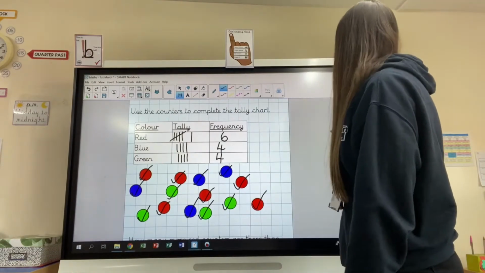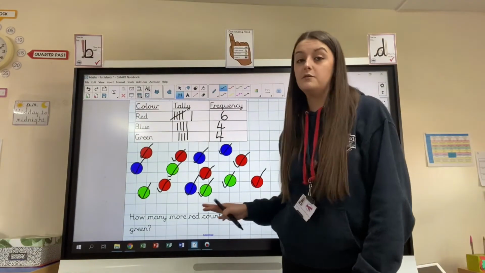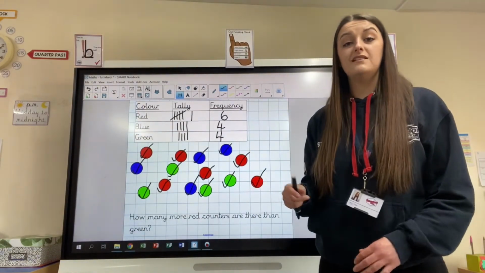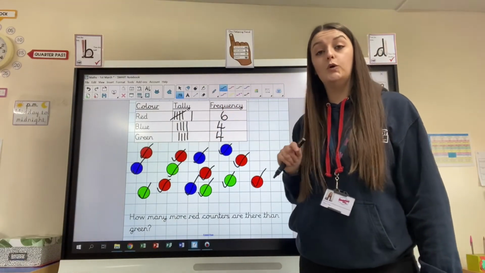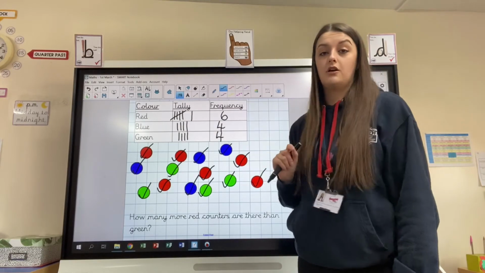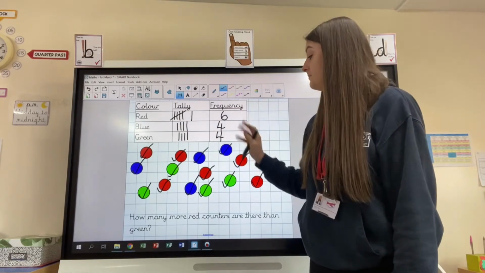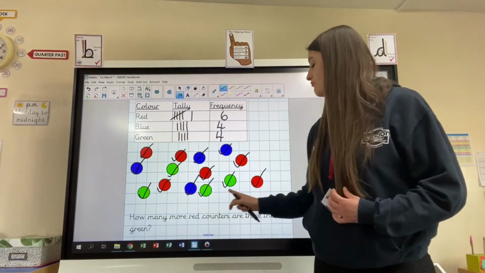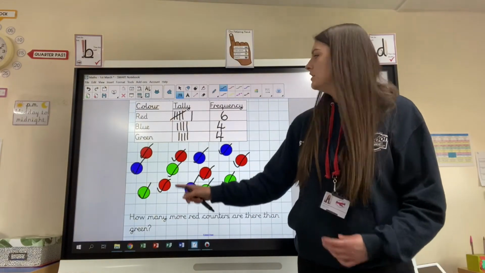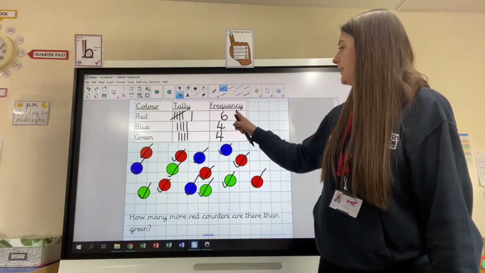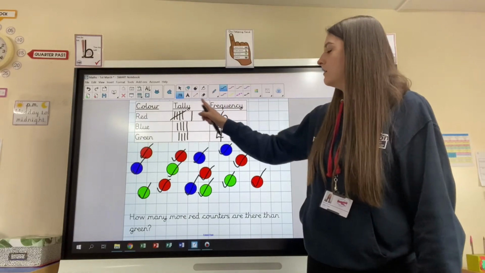Now, when you've completed your first tally chart, you may notice you'll be asked a question. This is where you need to interpret the data that you have put in and recorded on this tally chart, okay, and this table. So how many more red counters are there than green, okay? So I can go and interpret the data. I can see that there's 6 red counters.